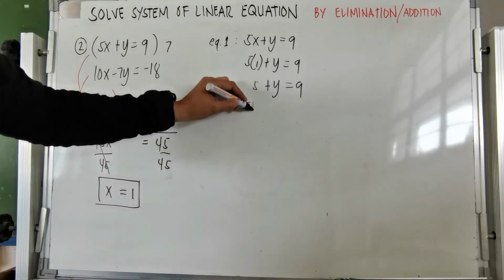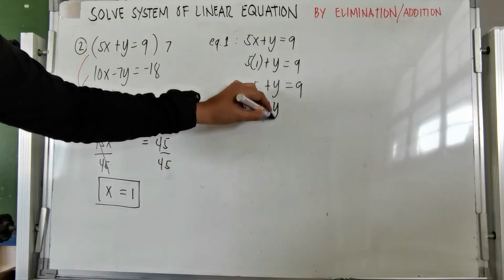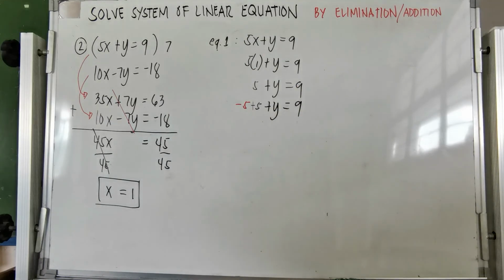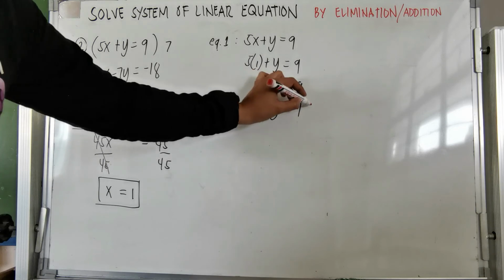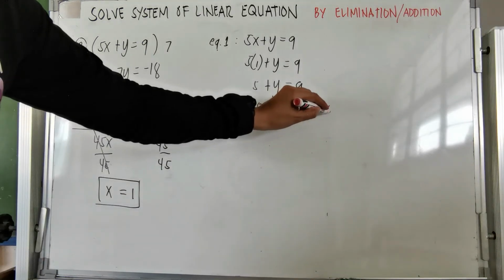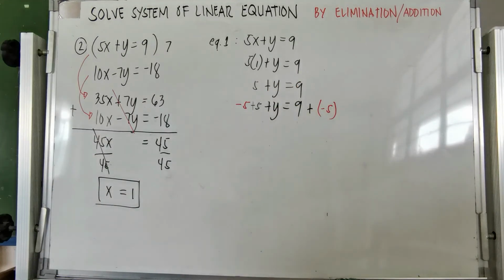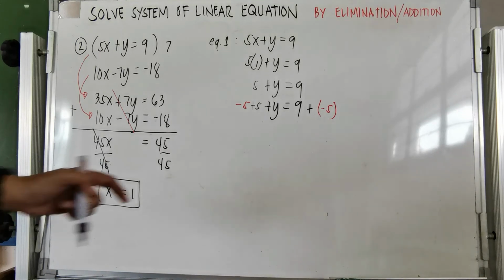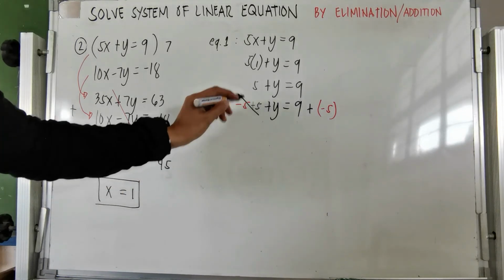Negative 5 plus 5 plus y equals 9. Then, kung ano yung in-add ko dito, ganun din sa dulo. So, we have plus negative 5. Okay, so we have 5 plus 5 is 0.